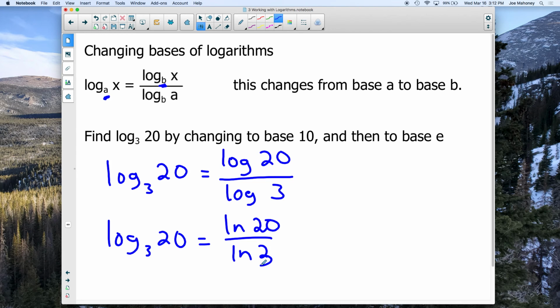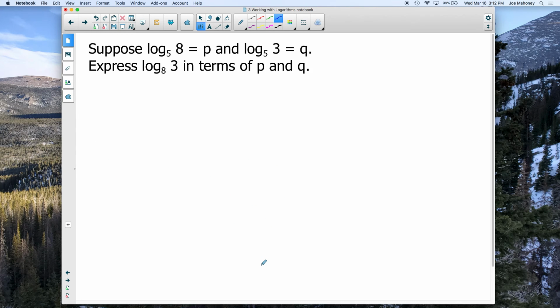And we'll wrap this up by asking you to change some bases for me. Suppose that the log of 8 in base 5 is p, and the log of 3 in base 5 is q. Can you express in terms of p and q the log of 3 in base 8? Take a moment, see what you can do.